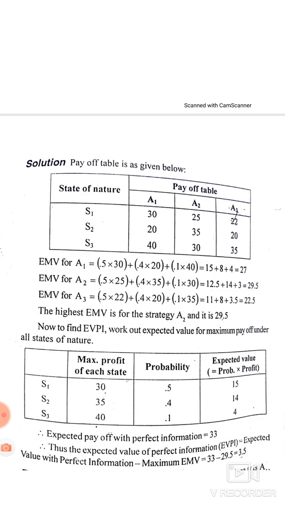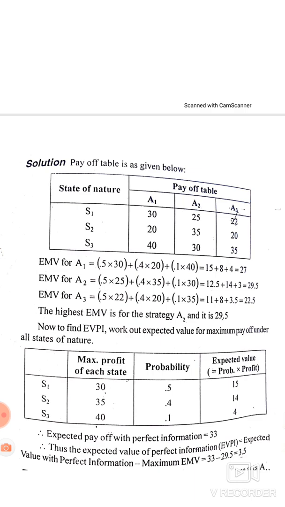Now we have to calculate expected value with perfect information, and for this we have to select the maximum profit of each state. For S1 the maximum profit is 30, for S2 the maximum profit is 35, and for S3 the maximum profit is 40, and the probability associated with S1, S2, S3 is 0.5, 0.4 and 0.1 respectively. Then we will calculate the expected value, that is probability multiplied by profit.